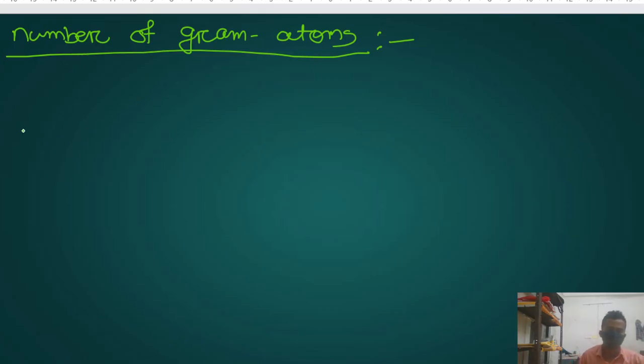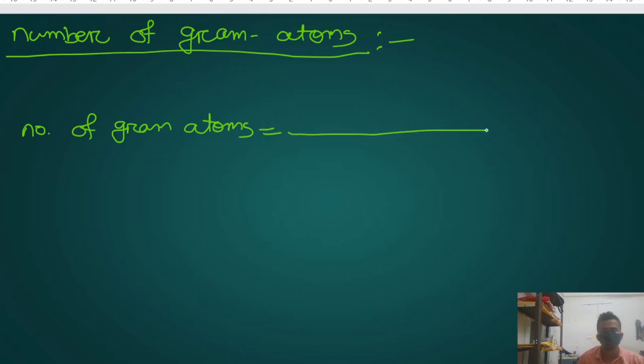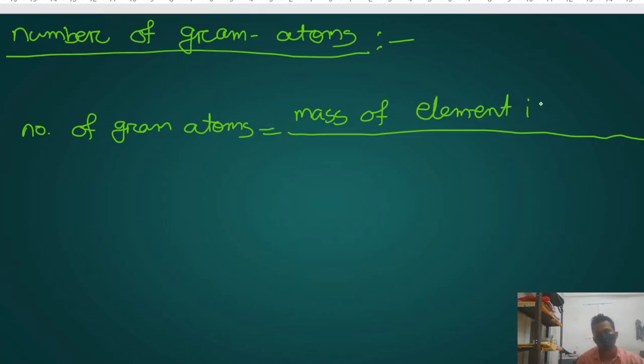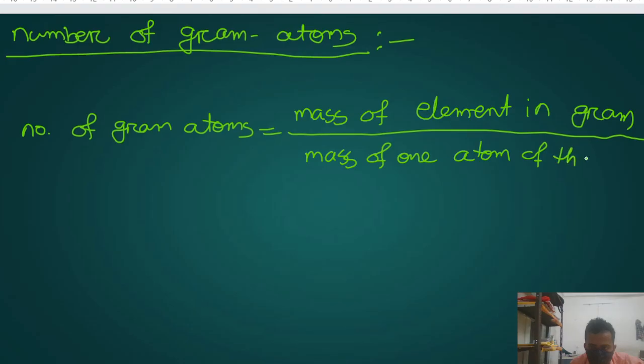We can write here: number of gram atoms will be the mass of the element in gram, and in the denominator you can write the mass of one atom of that element.